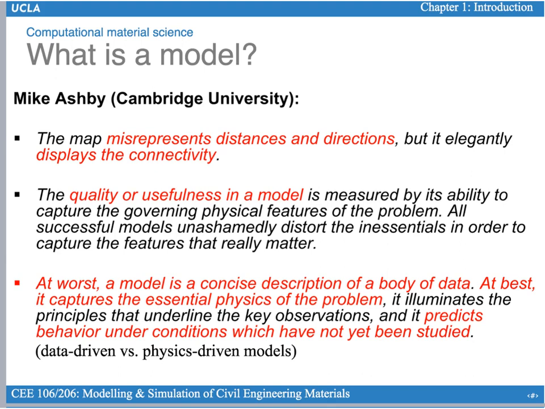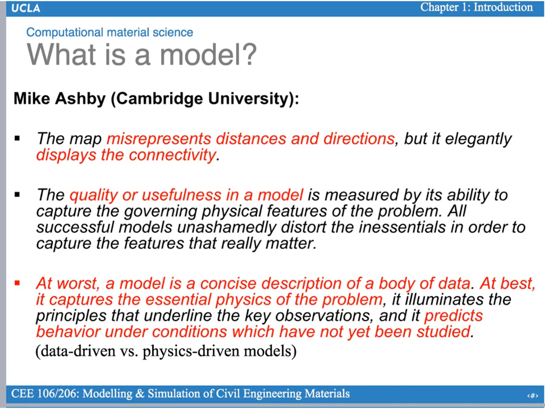For example, it doesn't consider all the turns of the subway, but it focuses on the connectivity between the lines: which stations are connected with the same lines, or how many changes between different lines you need to make in order to reach one station from another. So when you build a model, you will necessarily misrepresent certain aspects of reality, but you will focus on and capture the key relevant features, which in this case is the connectivity.